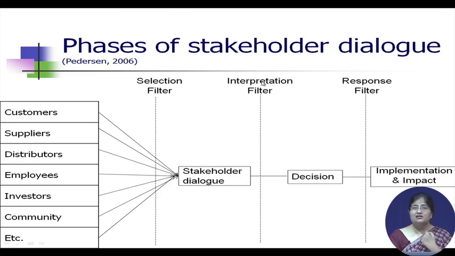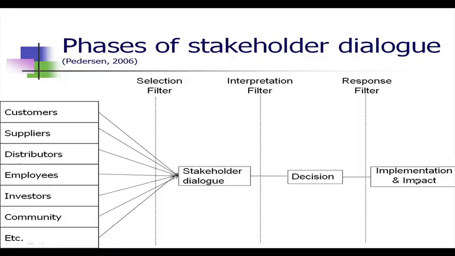Interpretation will have a significant impact on the kinds of decisions that are made, and the response filter will have a very significant impact on the implementation of these decisions. So you need to know where the problem lies. If the implementation is not in line with the needs of these stakeholders, then you need to check where the problem is occurring, which filter caused the problem.